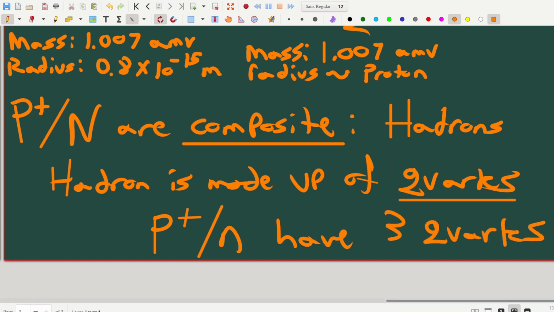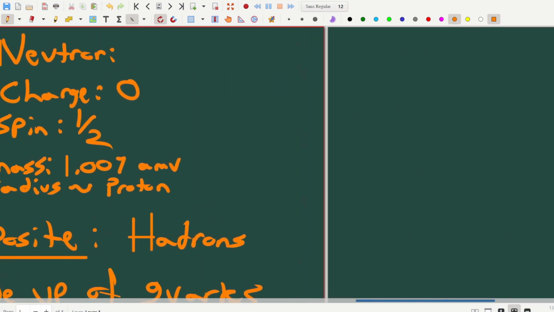They have 3 quarks. And let's talk about the quarks. There are 6 of them.